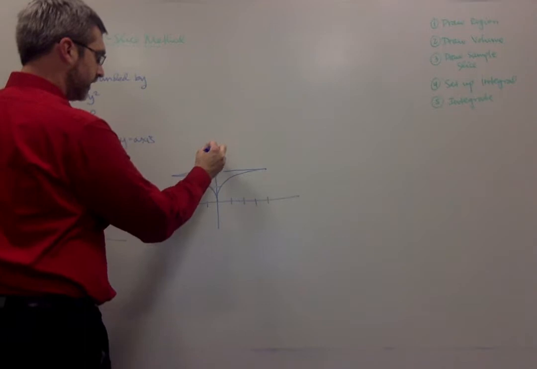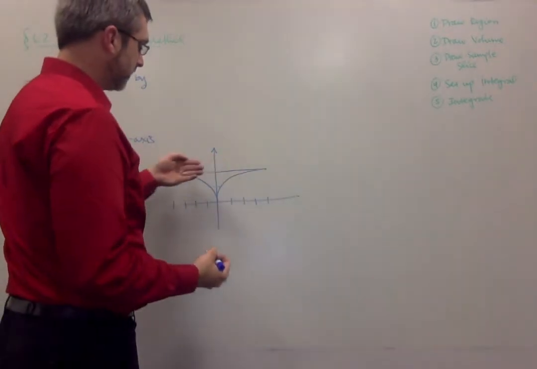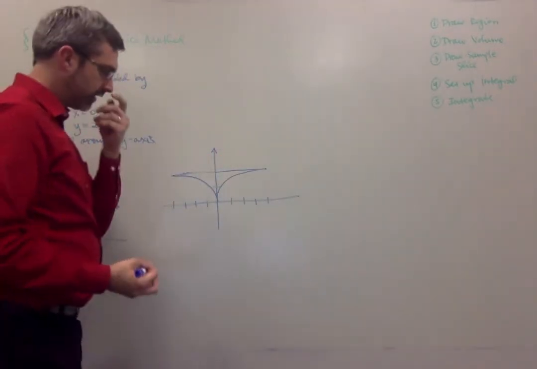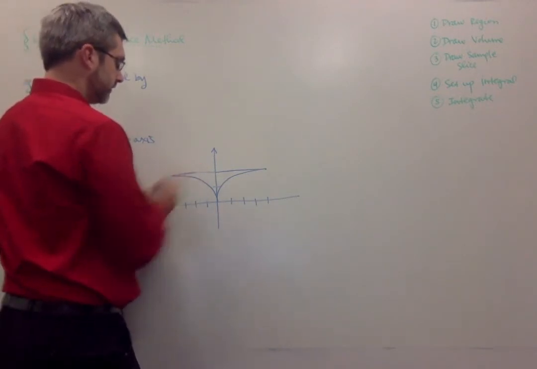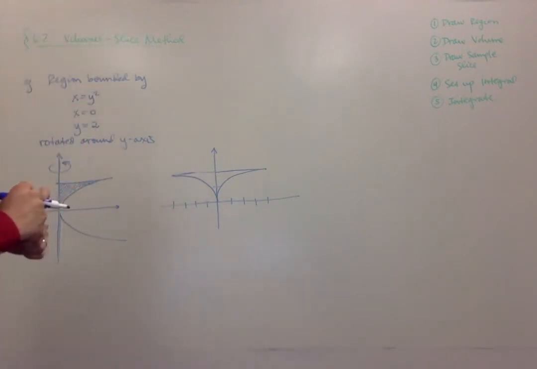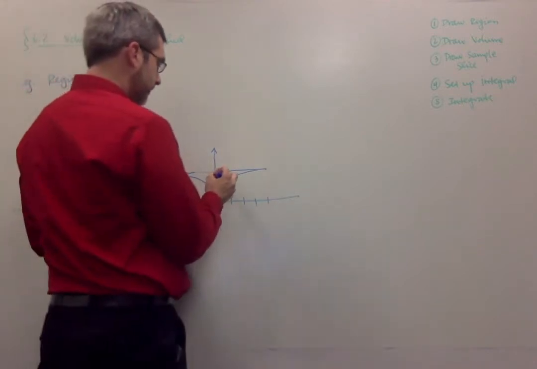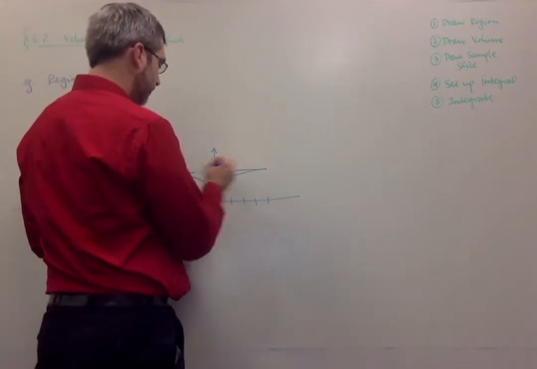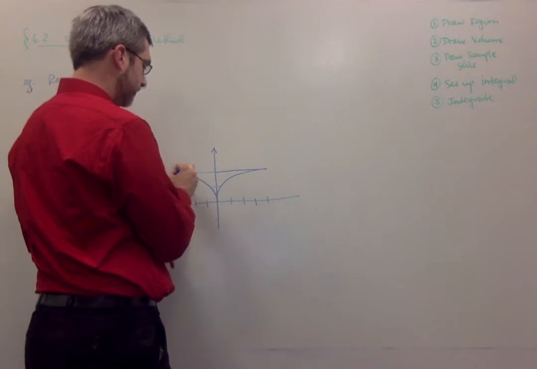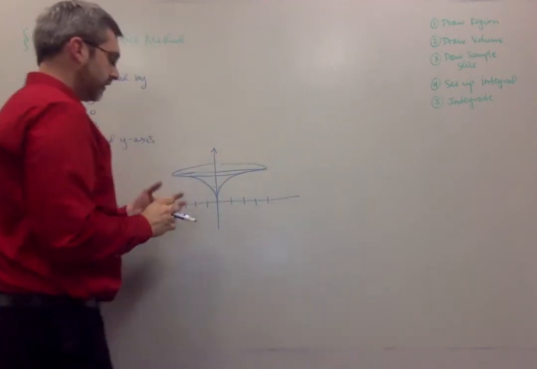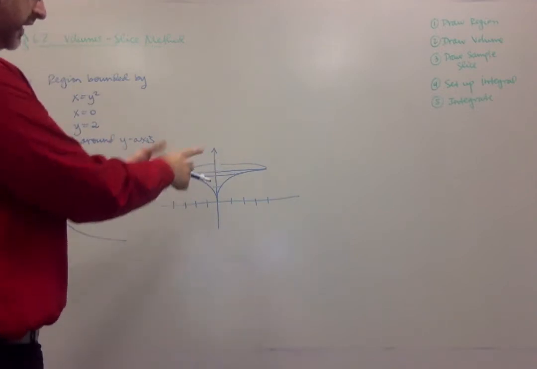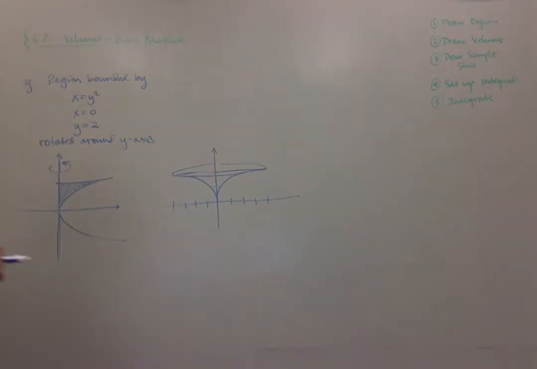It's because, again, we're rotating around the y-axis, so I'm taking this and flipping it around on the other side, a mirror image of it. And then when I rotate that, this is actually going to look like a circle. So let me draw a little circle like that. So it'll look, again, kind of like a cone, but a pinched cone, so it's pinched down at the bottom there.